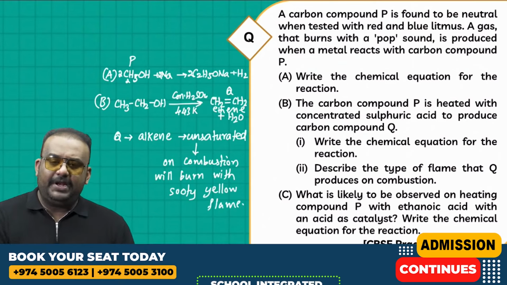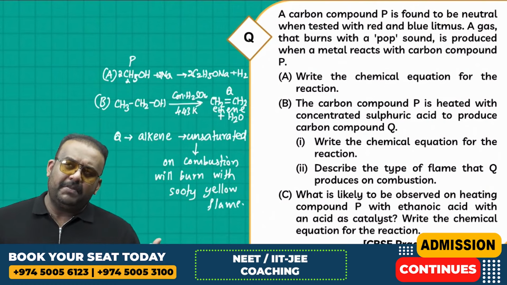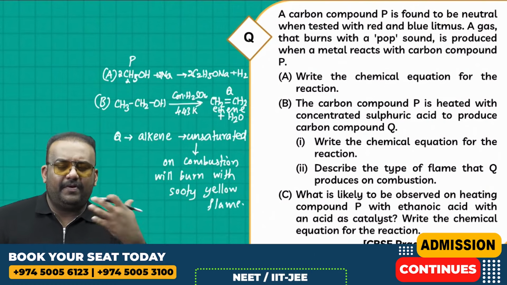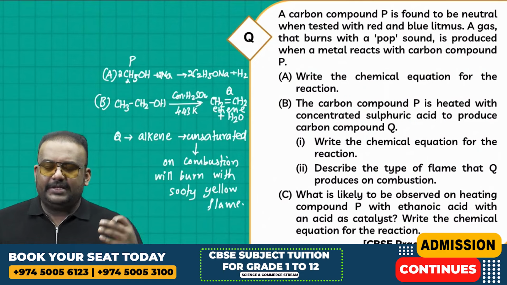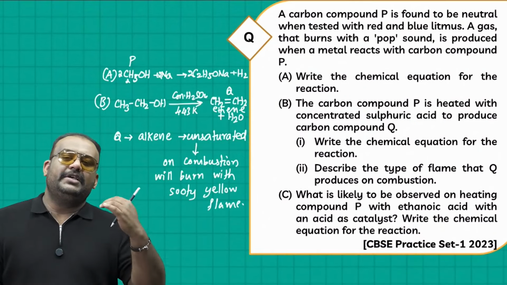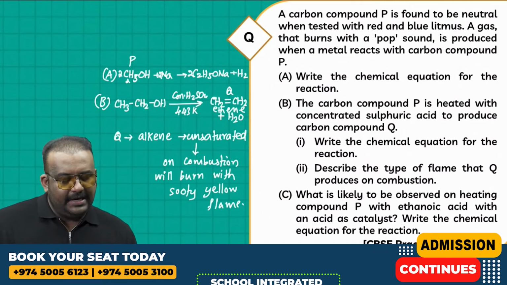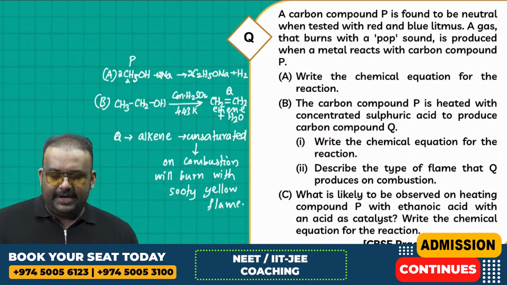Because there will not be complete combustion, so there will be unburnt carbon particles, which makes the flame sooty, means a lot of carbon deposits will be there, and it's yellow in color. Whereas saturated hydrocarbons are going to burn with a clean blue colored flame, right? So this part of the question is clear.